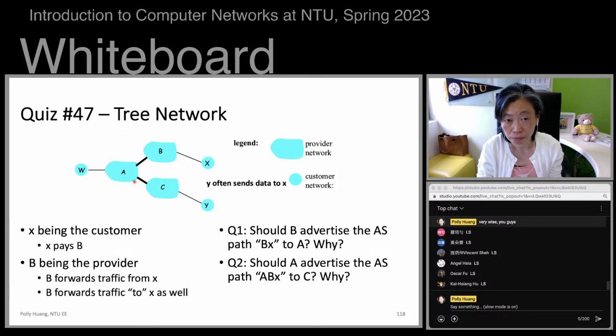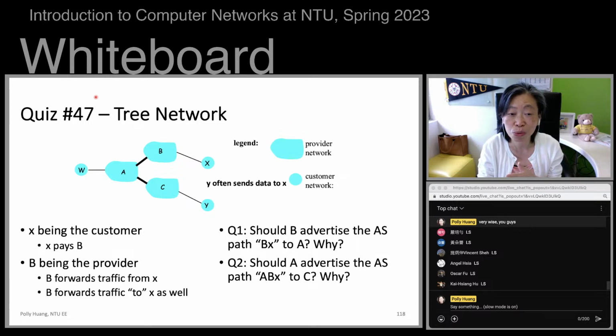You argue based on your business or engineering intuition. Tell me why you think it should or should not. Q2. In case B does advertise BX to A, should A advertise ABX to C, and why?